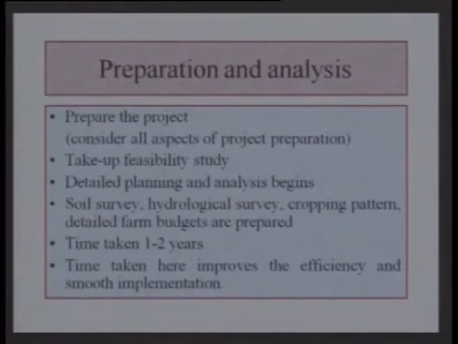Usually this phase takes 1 to 2 years for the person preparing a project, and the time taken here improves the efficiency of the project and leads to smooth implementation. So more and more time should be given at this stage.